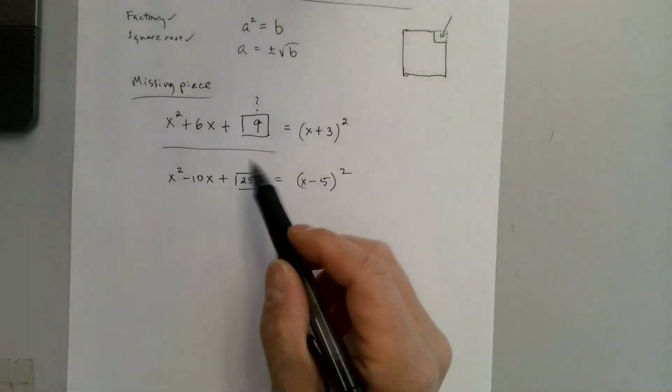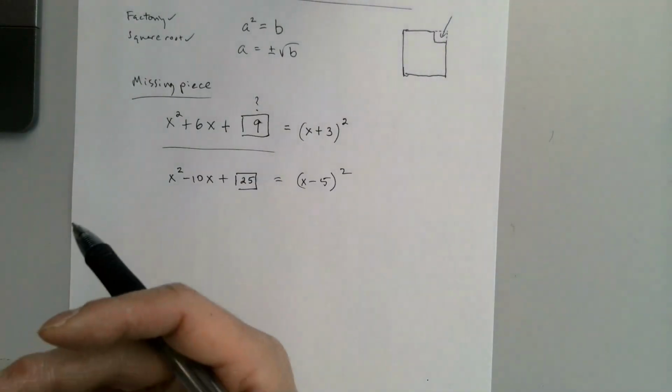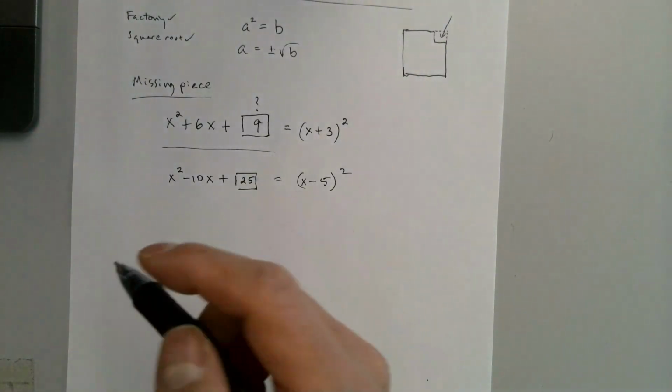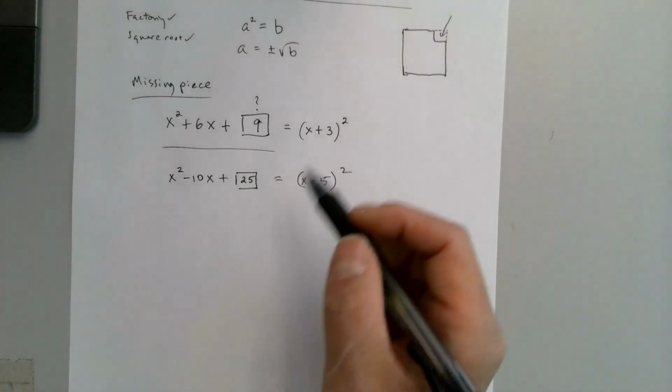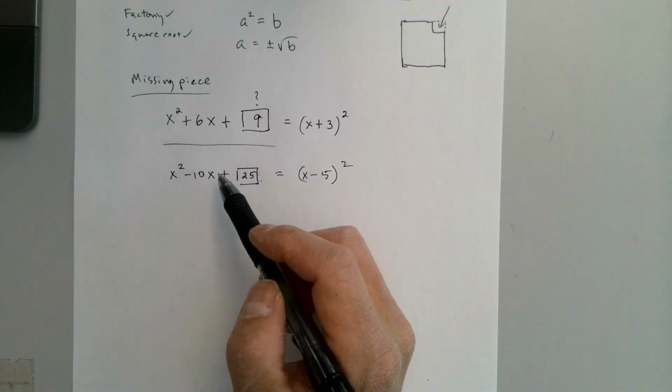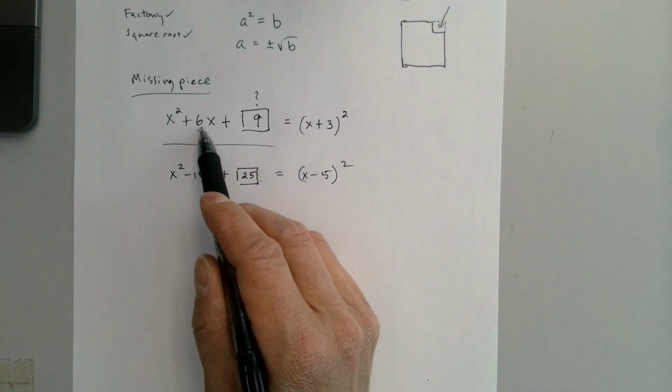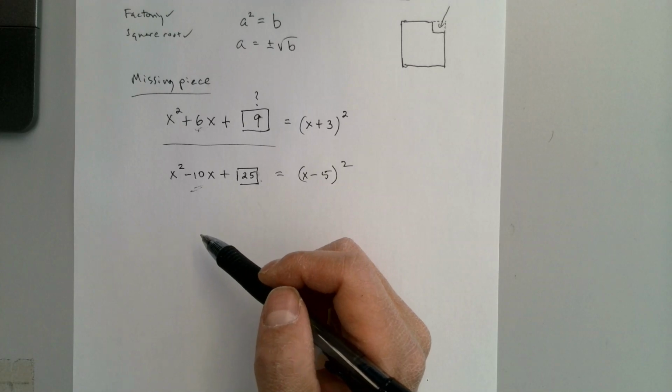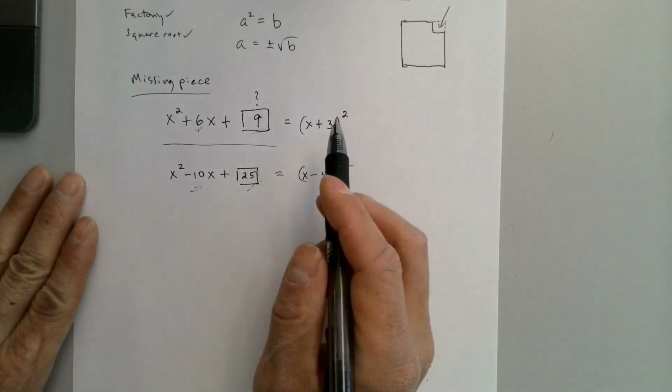Okay. Now, these first two examples I sort of did by guess and check, but you need a method. You need some sort of method to find that number, because your trinomials are not always going to have nice numbers, like a b of 6 and a b of negative 10, and a c of 9 and a c of 25.